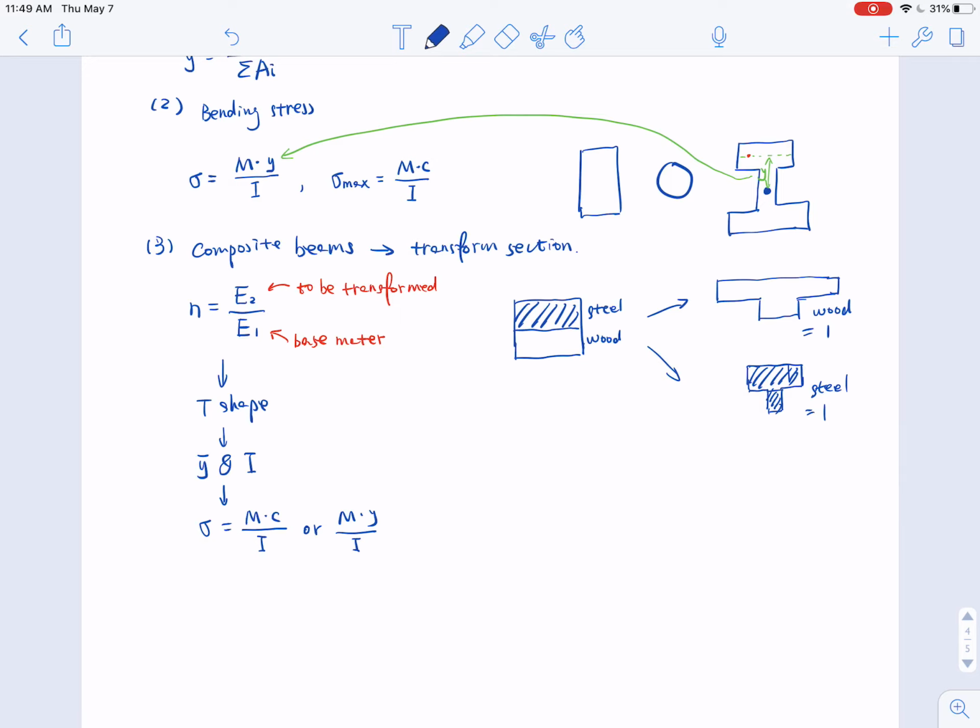If the point is on the top or bottom, you just use Mc over I. If it's a random point between the centroid and the surface, it will be My over I.